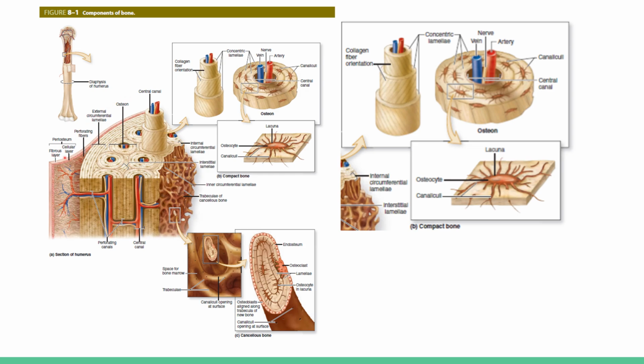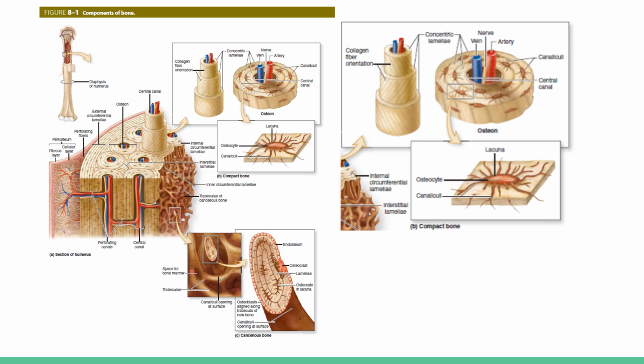The periosteum, the connective tissue we mentioned earlier, will cover the entirety of the bone. But the endosteum will cover the trabeculae, and they are surrounding the marrow cavities.